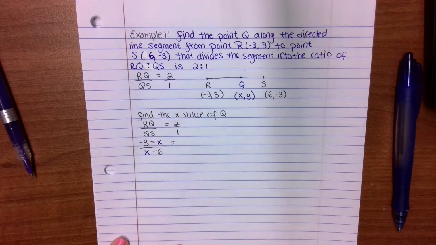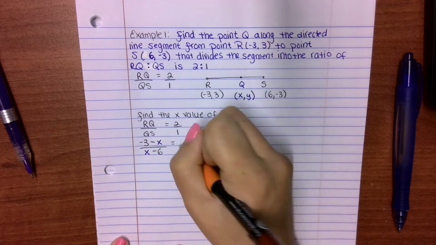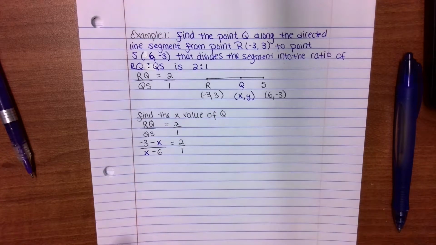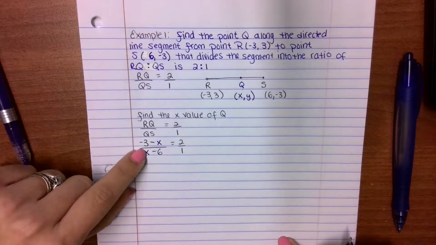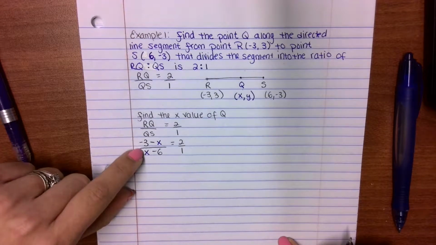And this will be equal to that ratio, 2 over 1. So notice all we're doing is instead of having R and Q, we're putting the x values of R and Q and then the x values of Q and S.